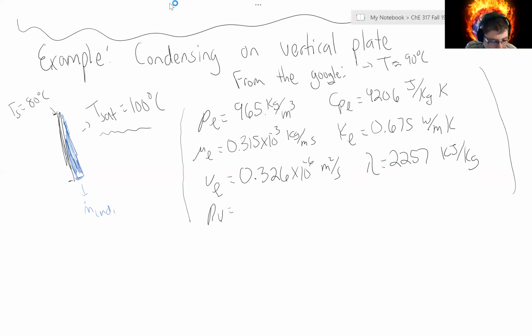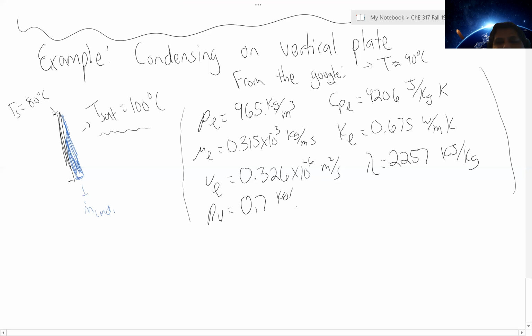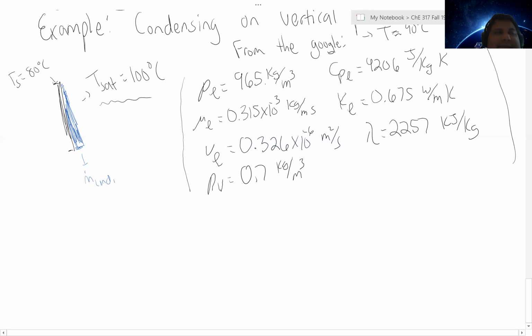Sorry, I thought we needed it. Let's see. Yeah, I don't think we need it. I don't want to waste too much time digging, looking for it. Okay. So if you want, I'll just say it's 0.7 kilograms per cubic meter. If you guys want to challenge me on that, go for it.